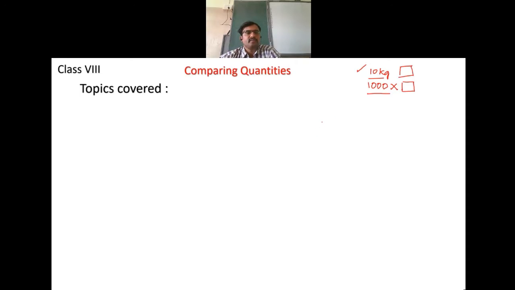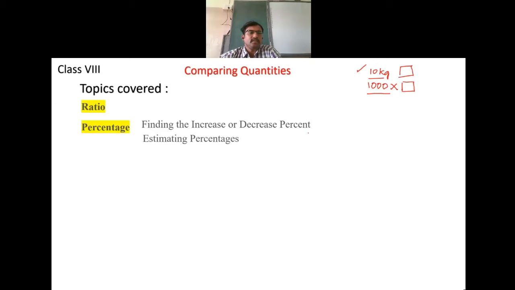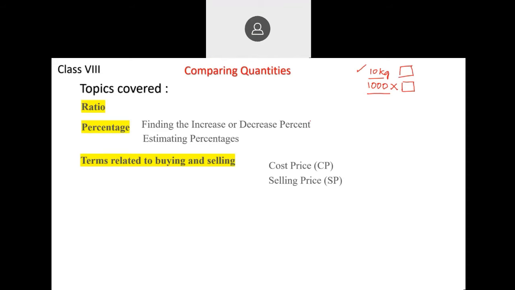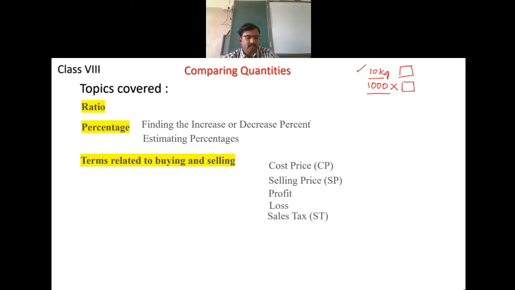In this particular chapter, we start with ratio. Then we move on to percentage. In this, we will learn finding increase or decrease in percentage and also estimating percentages. Then we will learn some of the terms related to buying and selling. We already have learned in lower classes cost price, selling price, profit, loss, sales tax.